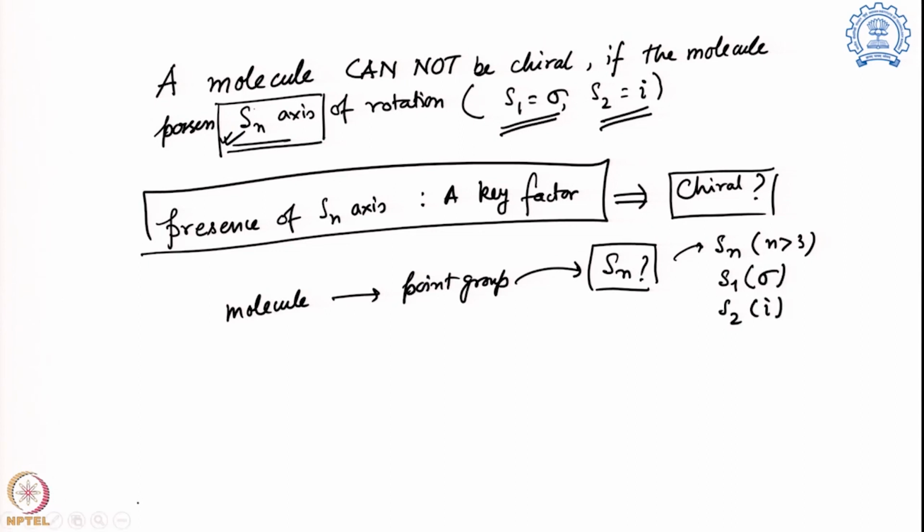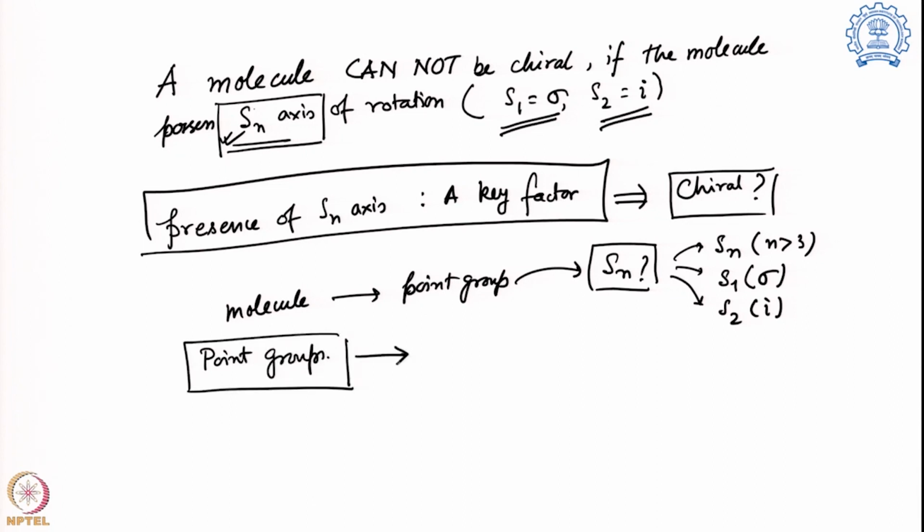Now, do I really need to go through all the point groups and try to find out where I have an Sn axis or not? If we look at all the point groups that are possible, only 2 point groups are going to give you a system where there is no Sn axis present, and those are Cn and Dn point groups.